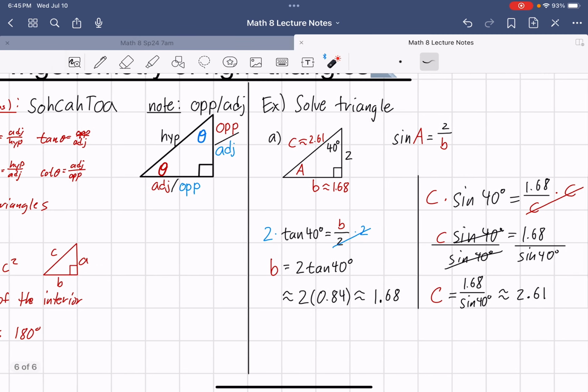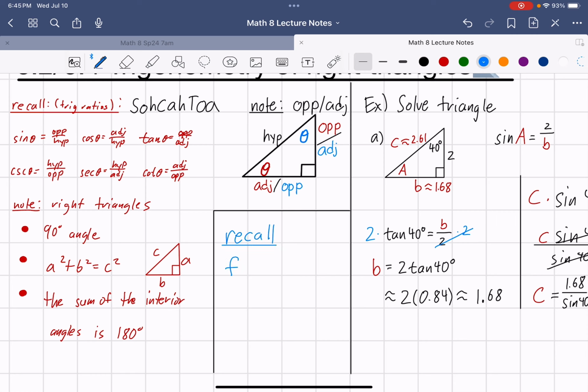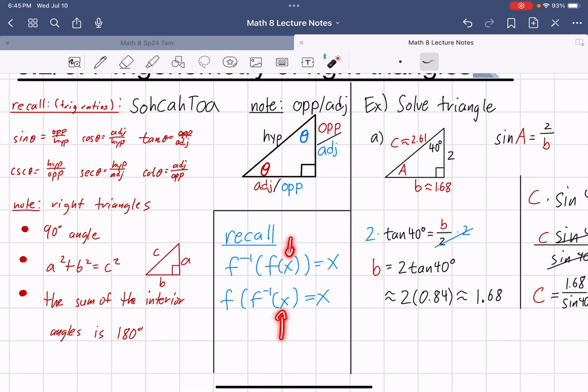Now, to find that missing angle, we do need to recall those inverse properties that we discussed in the previous video, that you can apply the inverse through composition and it would simplify to the argument.